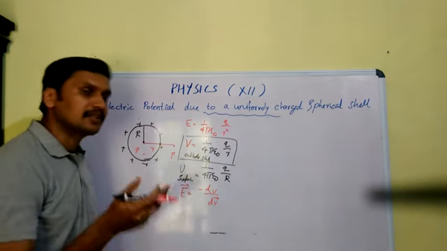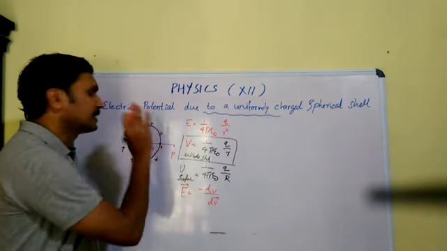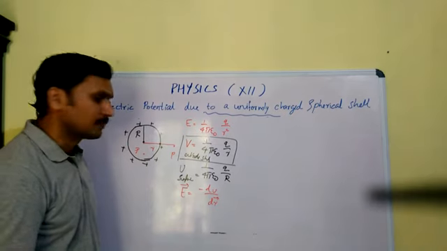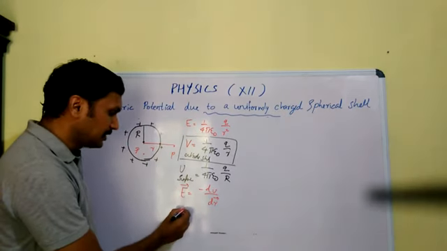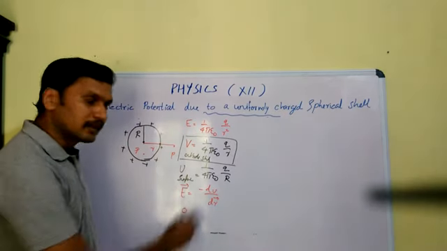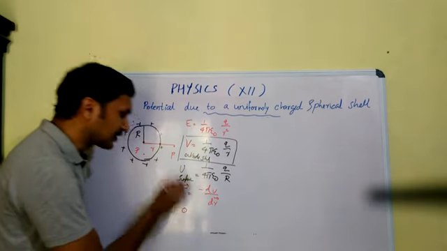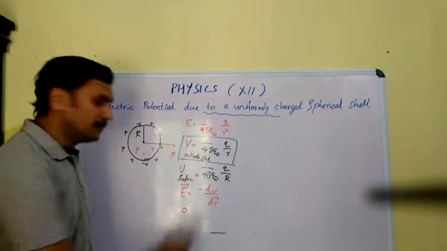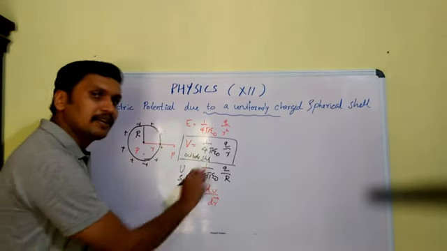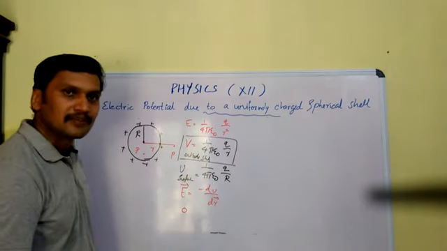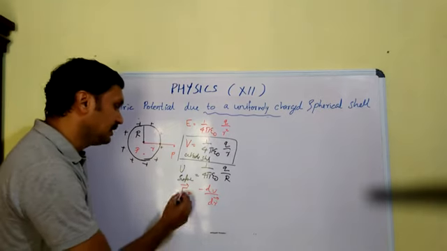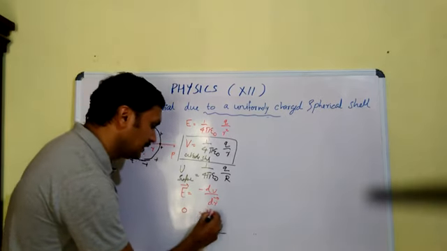For any charged shell, the electric field inside is equal to 0. So E is equal to 0, and on the right side we have minus dV by dr. If V is constant, the derivative of a constant is equal to 0. So we can write E equal to 0 because V is constant.